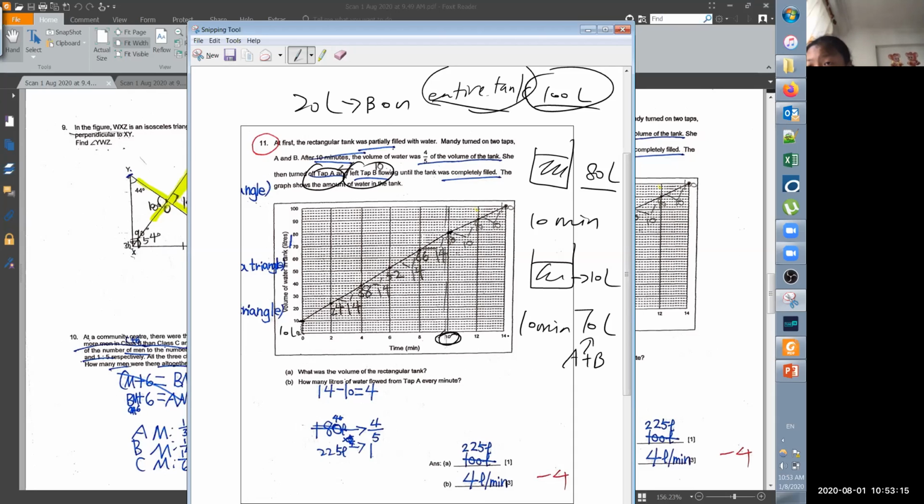So 10 and then 14. So that means B on 4 minutes. So that means B takes 4 minutes to fill 20L. So what's the rate of B? So B is 20L divided by 4. So it's 5 liter per minute. Am I right? That's the B rate.